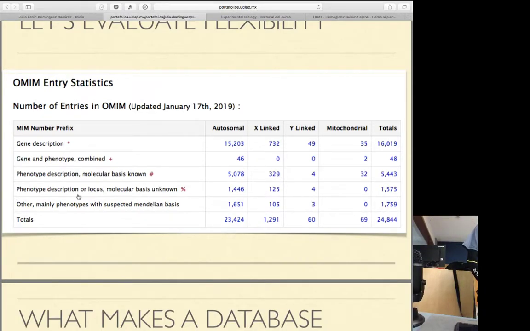The percentage stands for phenotype description, how it looks like, where in the chromosomes there is a mutation or some change associated with this phenotype, and the specific molecular basis is not known. If there's a mutation in the gene, or if there's a mutation in the regulatory elements, it's not known.